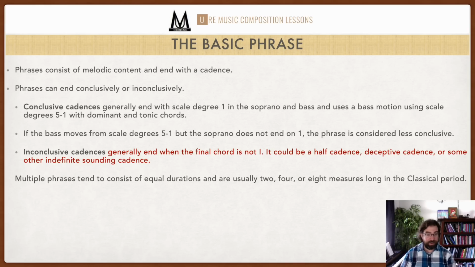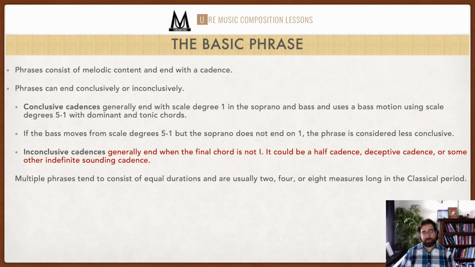Phrases can end two basic ways. You can end with a conclusive cadence, where it sounds really complete, or you could end with an inconclusive cadence. An inconclusive cadence is going to sound less complete.